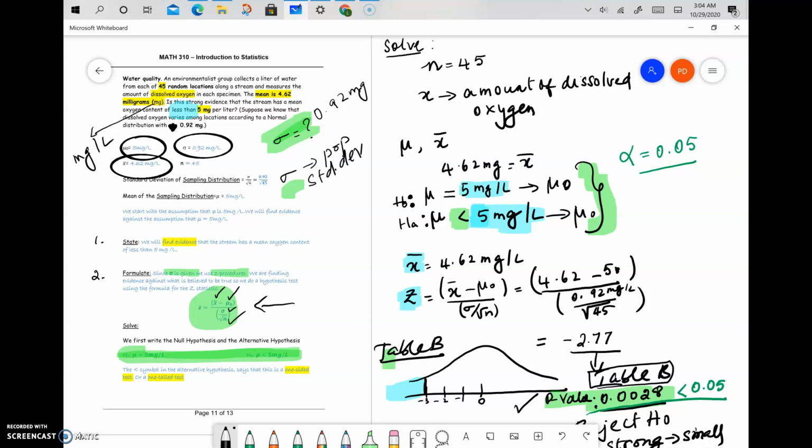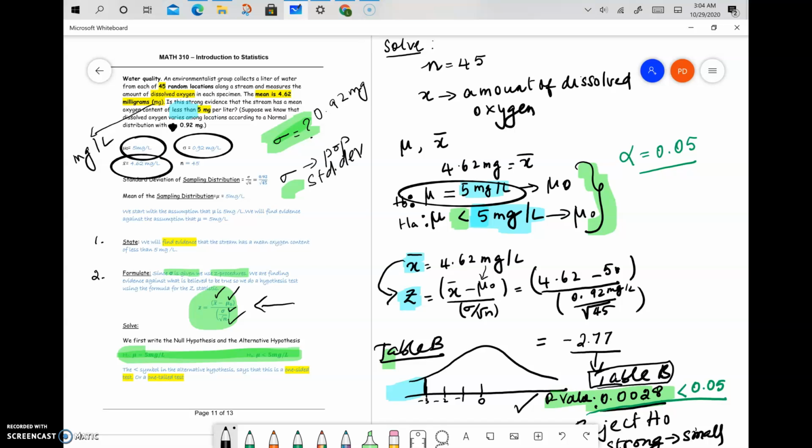Remember, the first step of doing the calculations is to find the z statistic. Take the x bar and convert it to its z value in the sampling distribution. The sampling distribution has center mu naught because that's what we assume is the mean. So for the sake of argument, we say let the mean be equal to 5 mg per liter. And based on that, we have mu naught, which is 5 mg per liter.